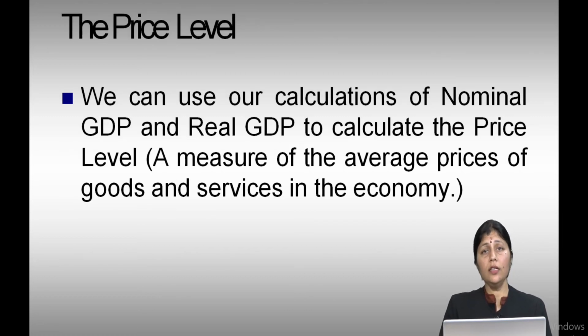Now, we will understand the concept of price level. What is price level? We can make our calculations to make a comparison of nominal GDP and real GDP, and how we can make a comparison between both. Basically, we can measure the price level with the GDP deflator. GDP deflator is one of the concepts for those who are making comparison between both types of GDP.